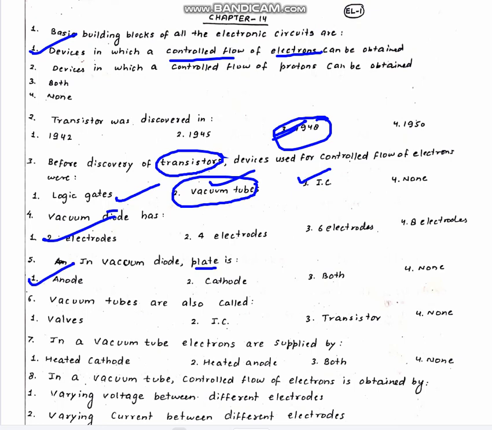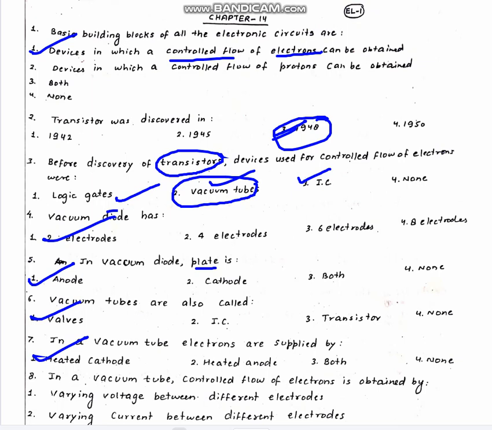Then vacuum tubes are also called valves. First is correct. Next is in a vacuum tube, electrons are supplied by heated cathode or heated anode. Cathode was the emitter of electrons, so these were supplied by the heated cathode.